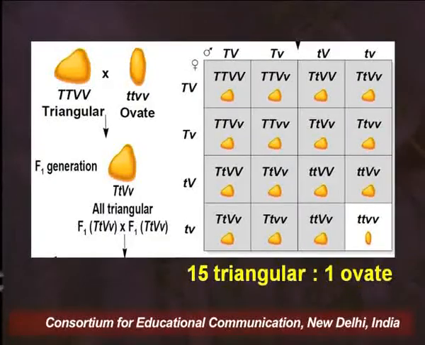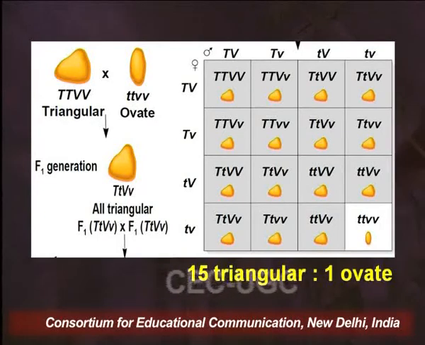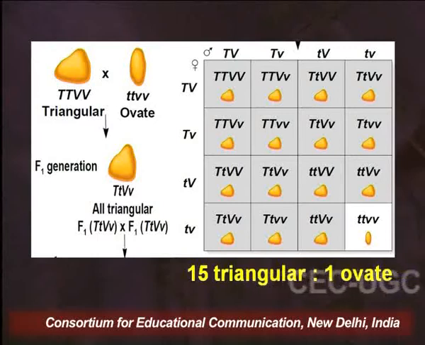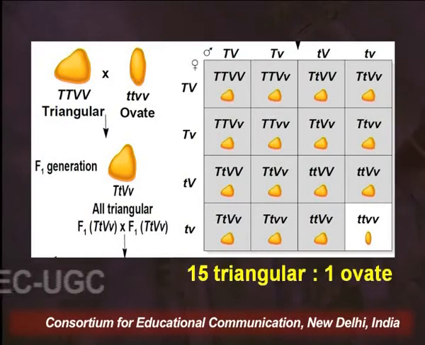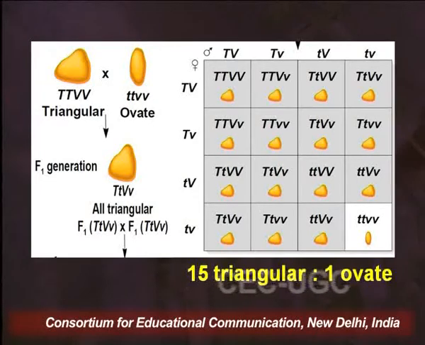And on the checkerboard, immediately you will come to a conclusion that if you have a cross between a plant with triangular and an ovate fruit, the F1 progeny are all triangular fruit bearing, and in the F2 generation there is no combination which can spare itself from either one capital T or one capital V except one.